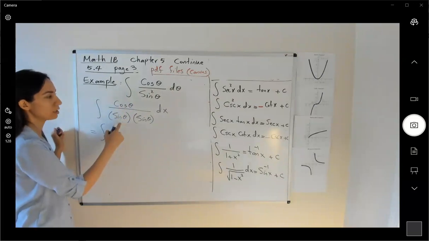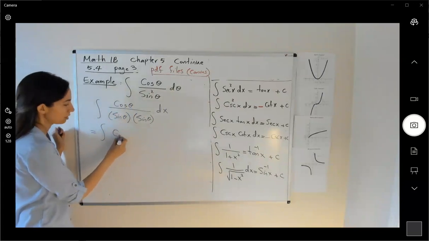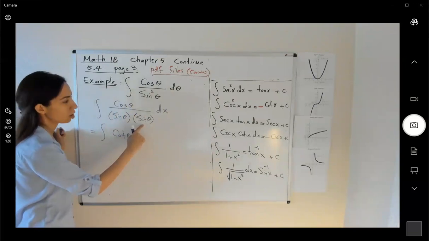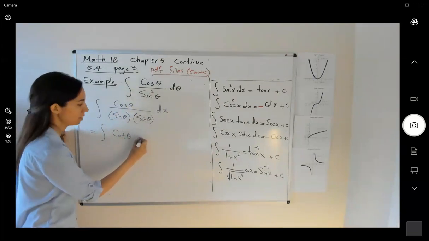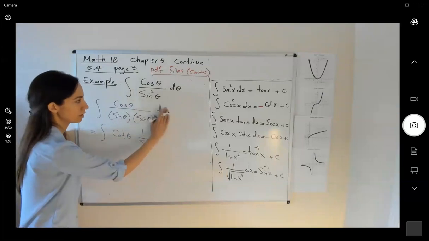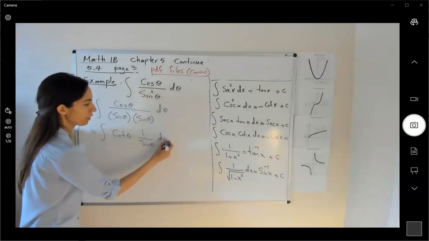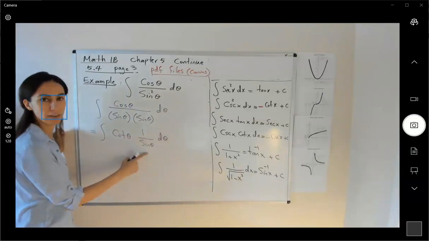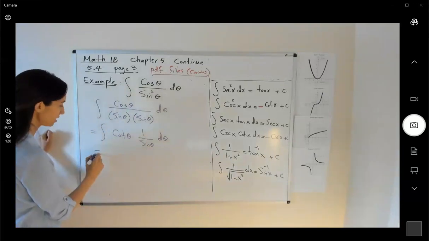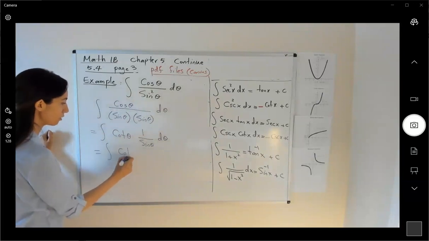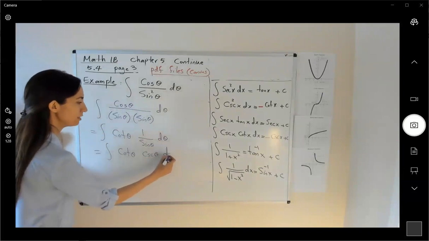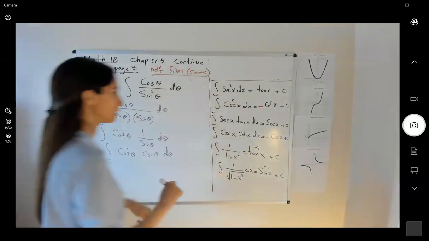So cosine divided by sine is cotangent of theta. I'm left with a sine theta on the denominator. So this is 1 divided by sine theta d theta. By definition, 1 over sine is cosecant. So this is the integral of cotangent theta cosecant theta d theta.